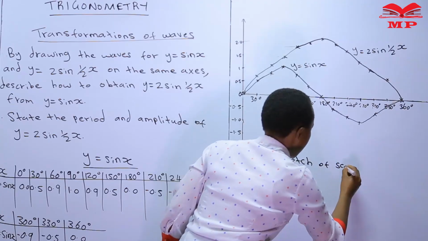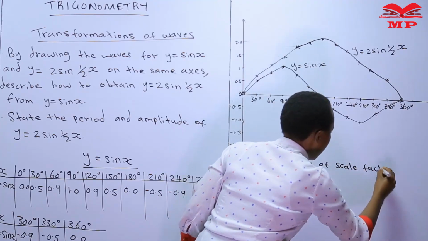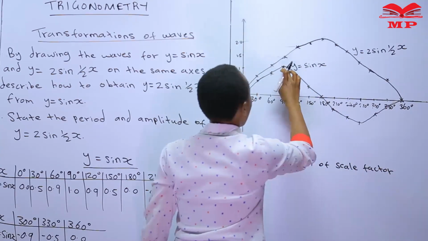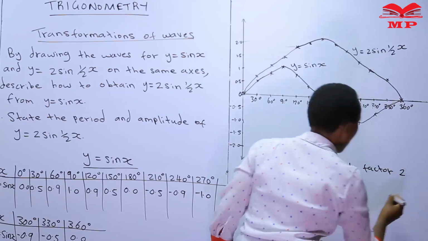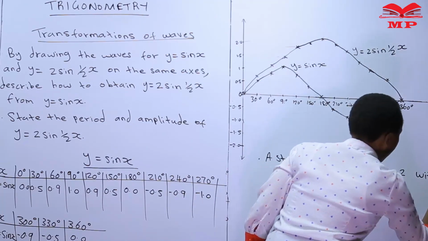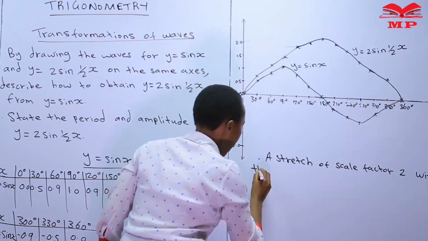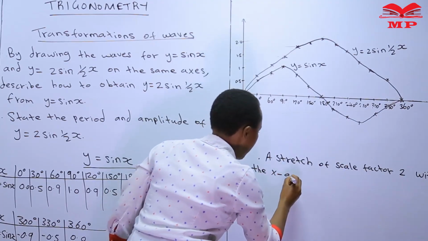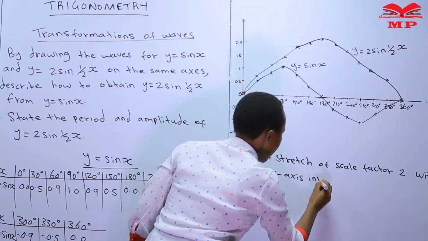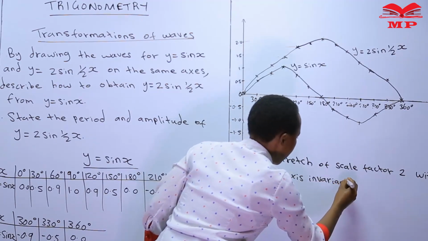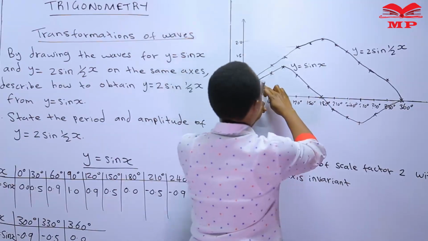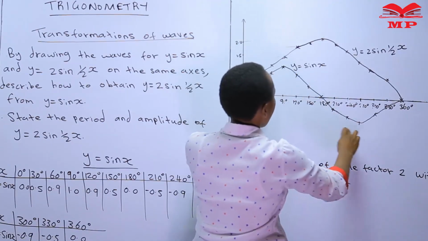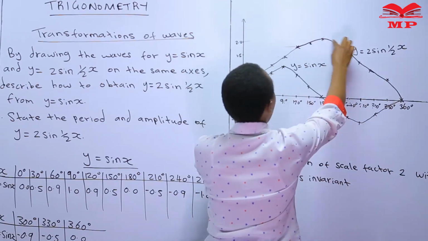A stretch of scale factor 2, since we have 1, then 2, with the x-axis invariant. Then you can also see in this one we have 2 of them, but in this we only have 1.